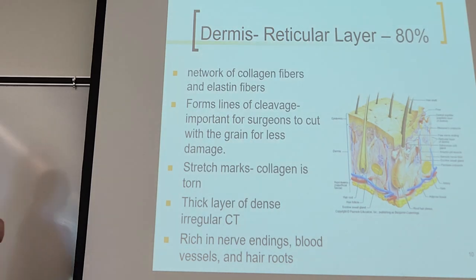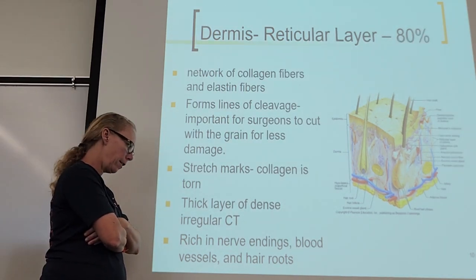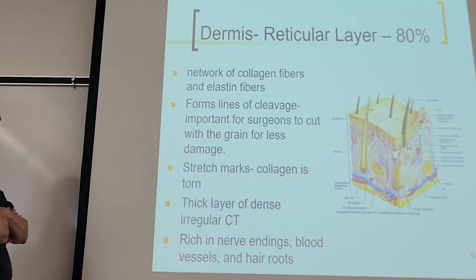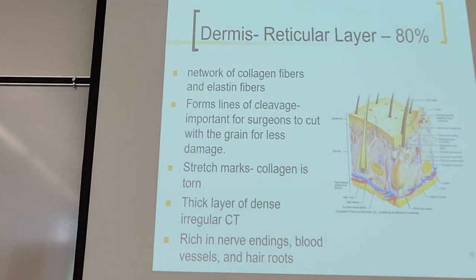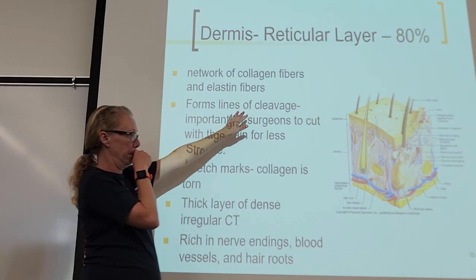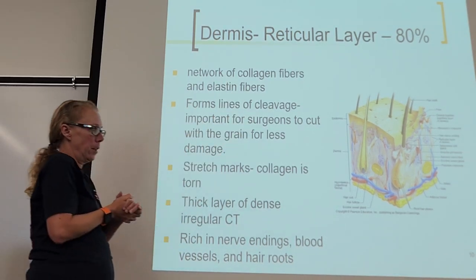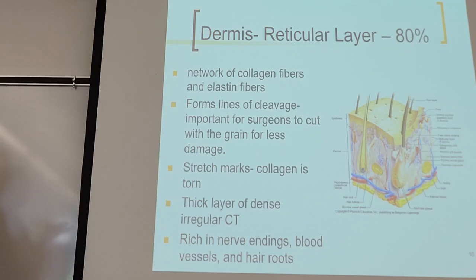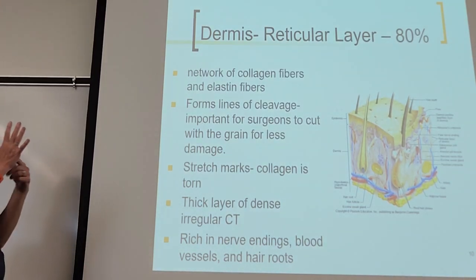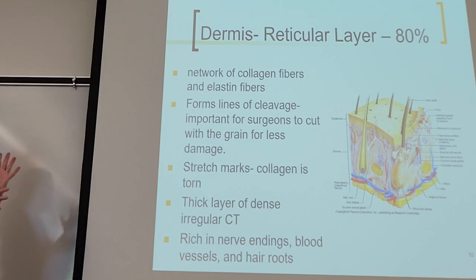And we already know that it's very vascular, it's very innervated, and we have lots of hairs in hairy skin that penetrate through the dermis, and we'll identify those in lab. So what surgeons do is, because of the amount of fibers in the dense irregular connective tissue, they can look for lines of cleavage, which is how the collagen fibers align themselves, kind of like the creases in your palm.